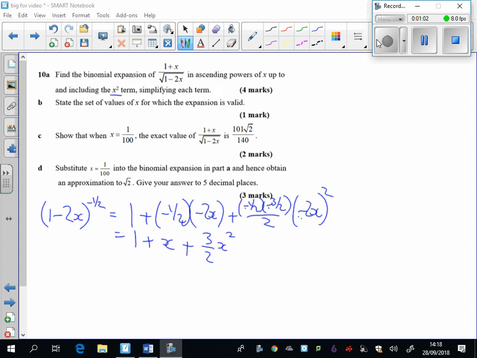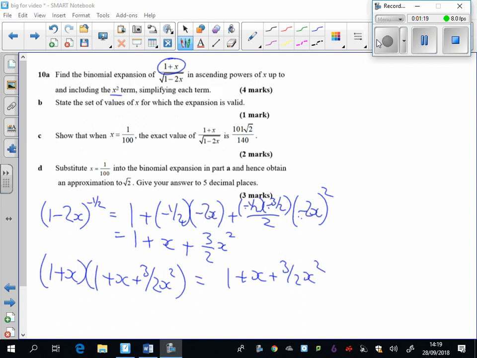There's the binomial done. But we need to times that by 1 plus x. So I'm going to do 1 plus x times by what we just had. Well, timesing it by 1, that's easy enough. I'm going to write that out again. Timesing that by x gives us x plus x squared plus 3 over 2 x cubed.